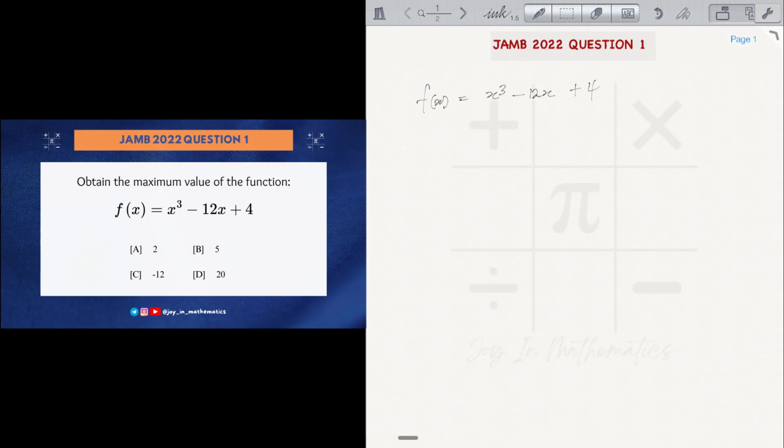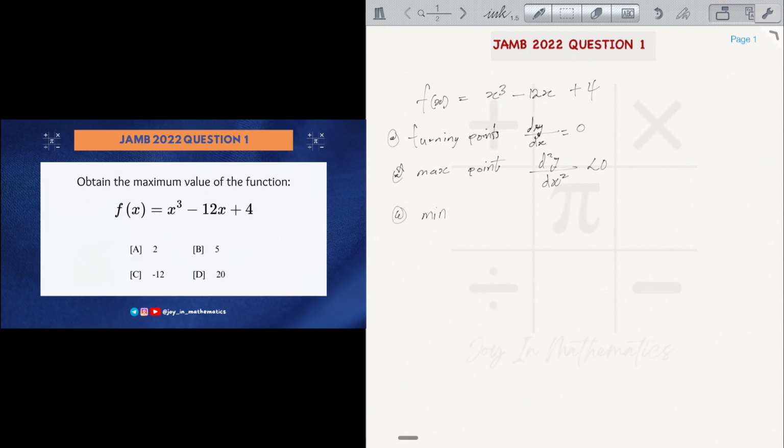Now this is a question on turning point, and we should understand that at turning point dy/dx is equal to 0, and at maximum point we have that d squared y/dx squared is less than 0.